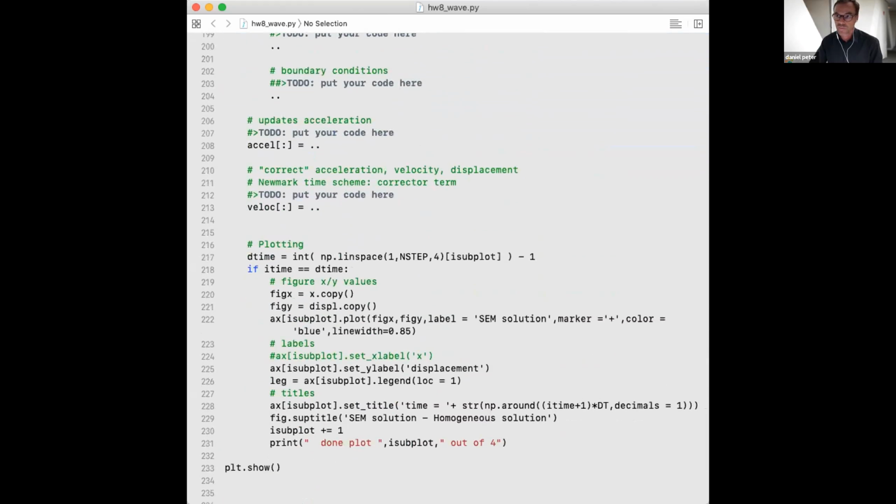Good so far? Good. Then I would say we are done for today. Try and finish this homework 8 by next Sunday, again within a week.